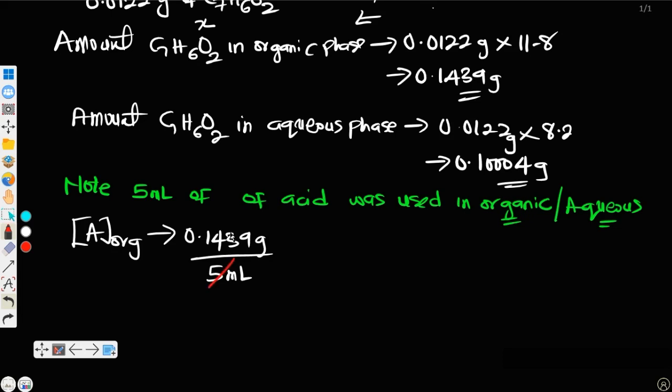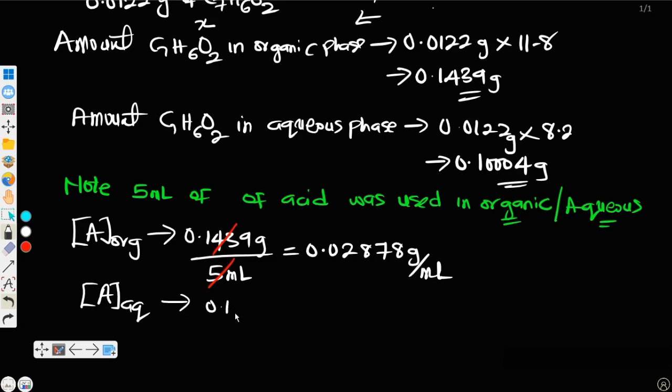Now when you cancel this, it will give us 0.1439 divided by 5, which is going to give us 0.02878 gram per mil. Now the next one is the aqueous phase. In the aqueous phase, it is going to be 0.10004 gram divided by 5 mil, and we cancel this.